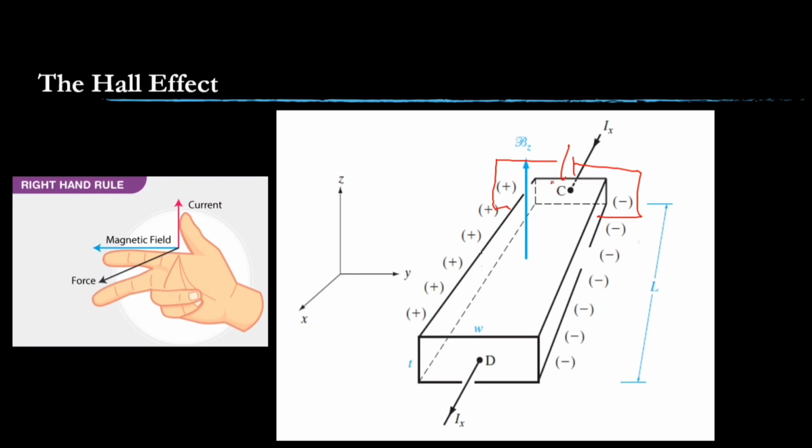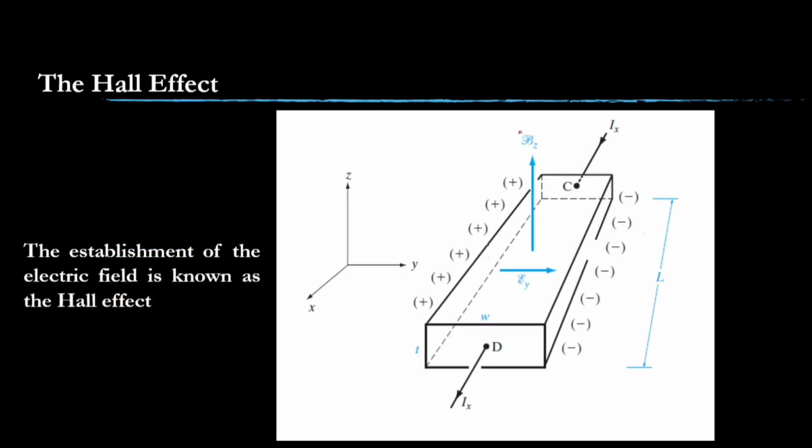Once the charges have been separated, another electric field is created in the direction of y. We have an electric field here, epsilon x, that is still there, and current is flowing, that is also remaining.